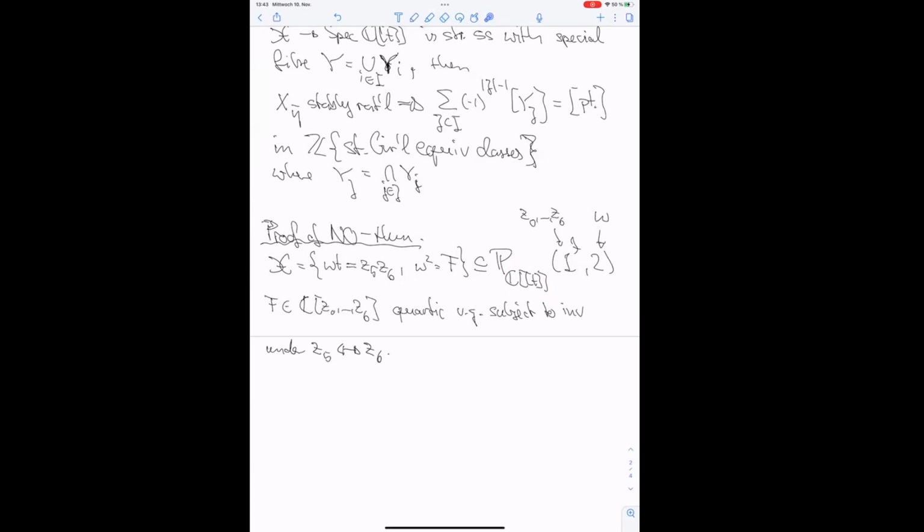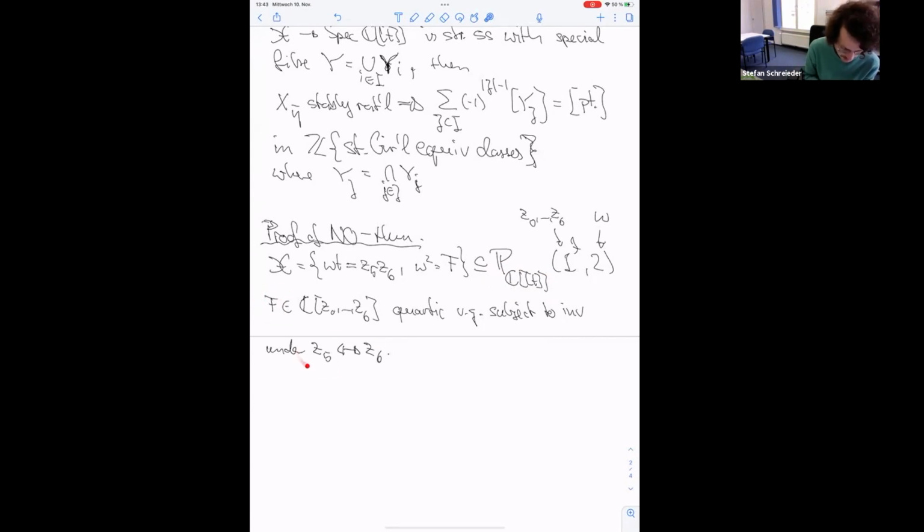Ah, so it's the deformation parameter, right? Exactly. Yes. So everything happens over this power series ring, and for T equals 0, we get the special fiber, and if T is invertible, we get the generic fiber. And they assume that this quartic is symmetric in Z5 and Z6, but sufficiently general otherwise.